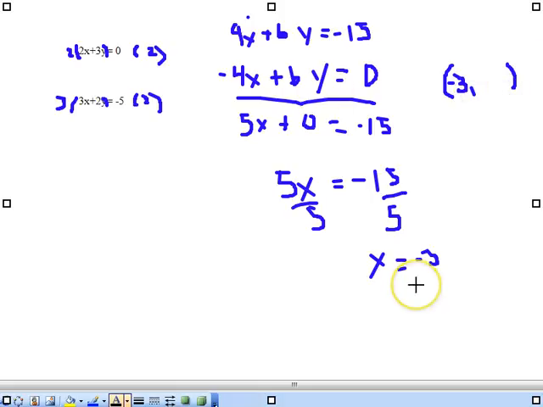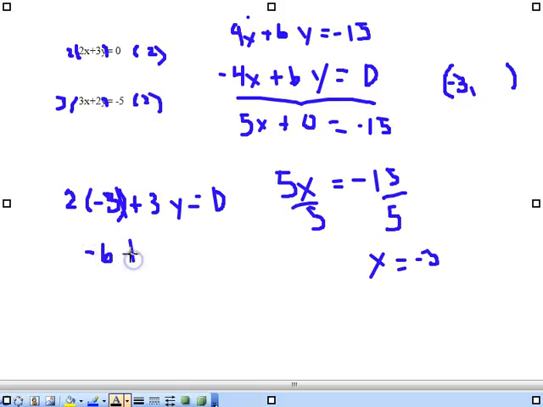You take the -3 back up to your original equation, 2x plus 3y equals 0. You get 2 times -3 plus 3y equals 0. 2 times -3 is -6, plus 3y equals 0. It's hard to do sometimes.